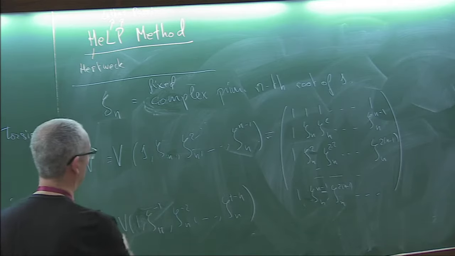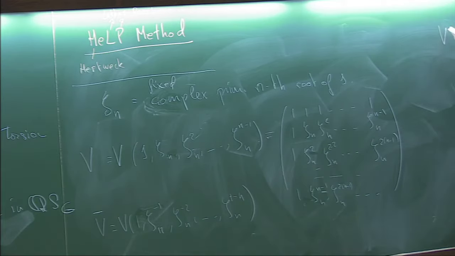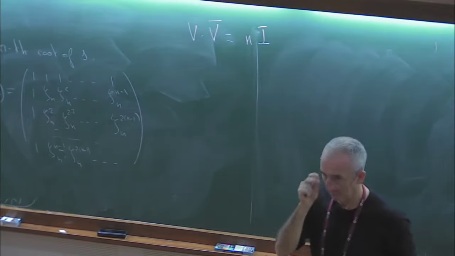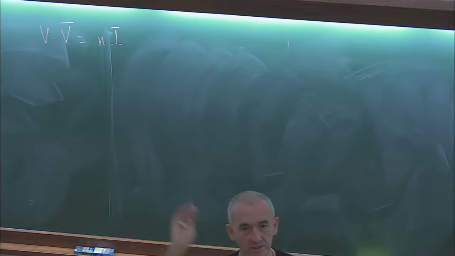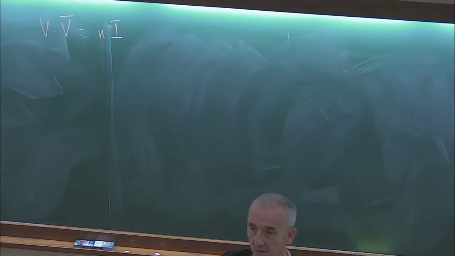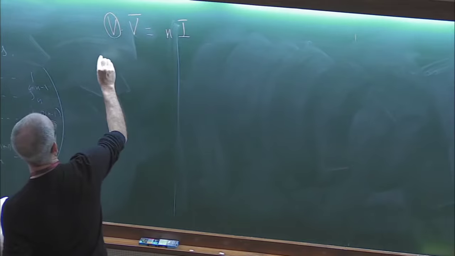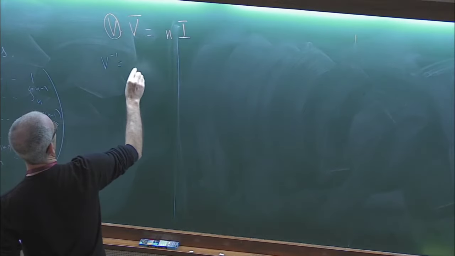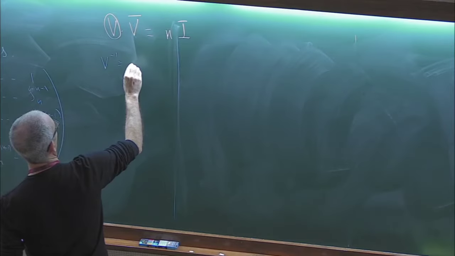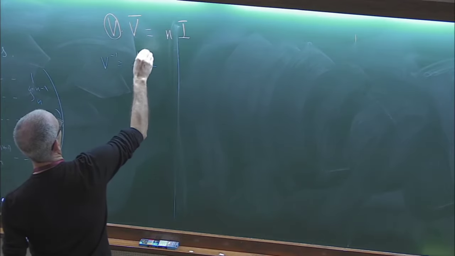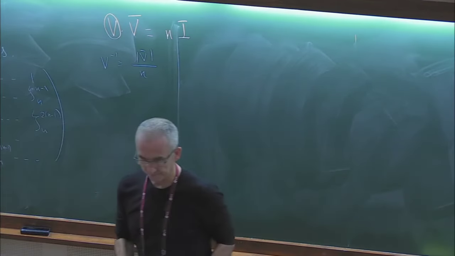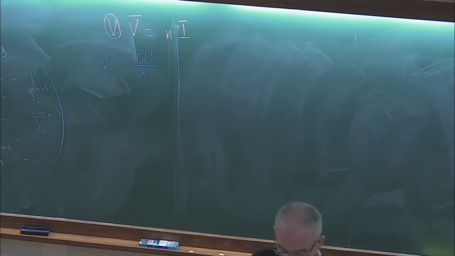And now you multiply the two matrices, and this is exactly n times the identity. You do it, and it's a triviality. Which means that this matrix is invertible, and the inverse is exactly the complex conjugate divided by n.